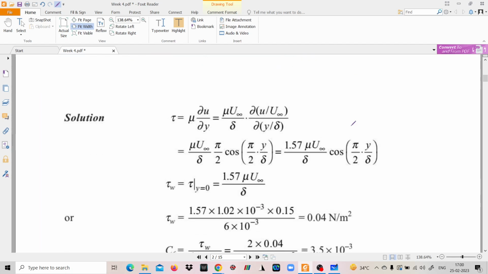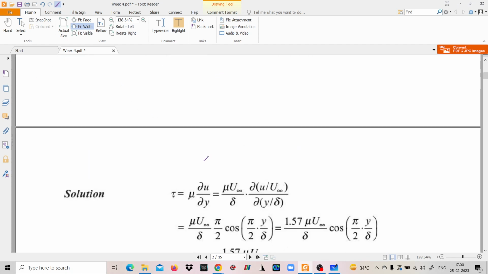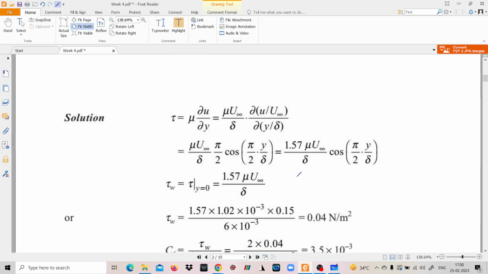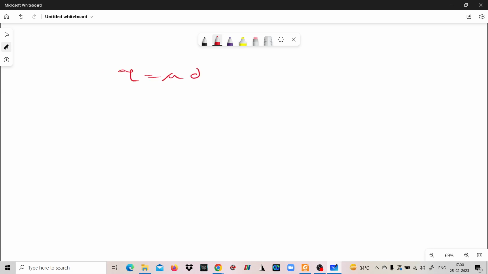So tau is mu del u by del y. Now, if you try to write this in terms of u by u infinity, in non-dimensional form, since the value of u is given to you, you should be able to get this equation. How? Let us see. We know that tau is equal to mu del u by del y.